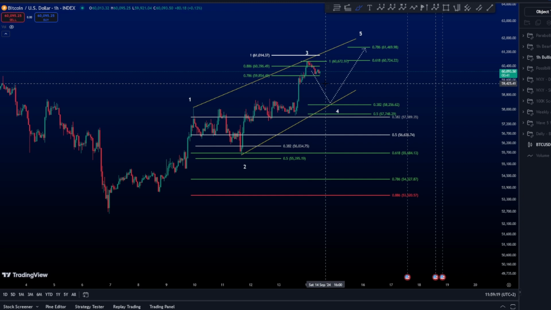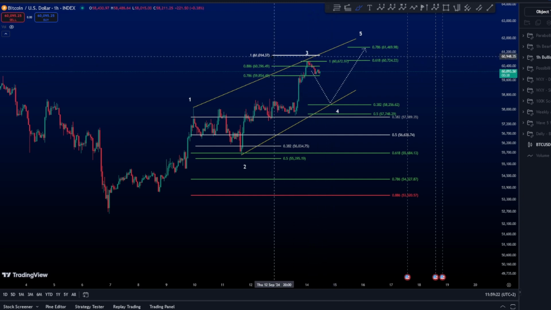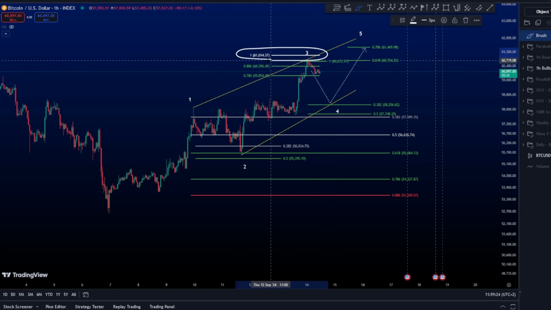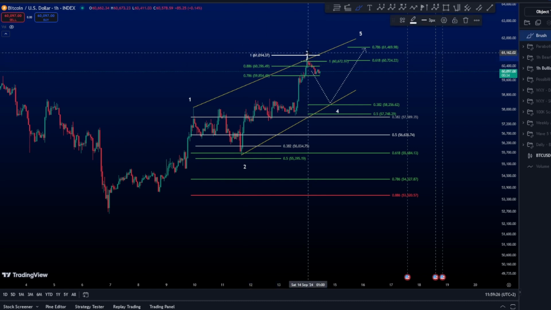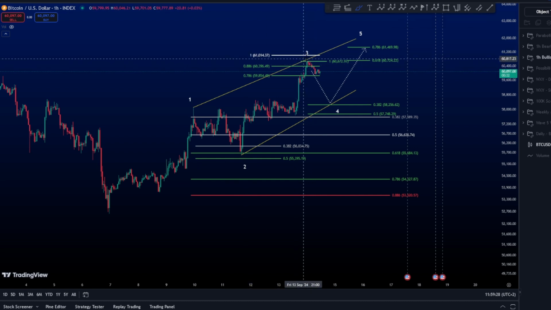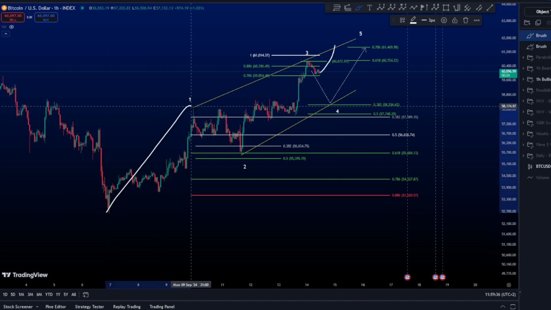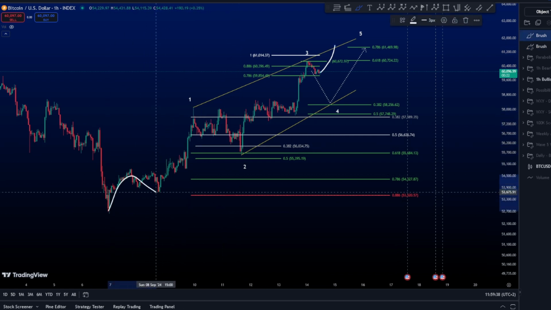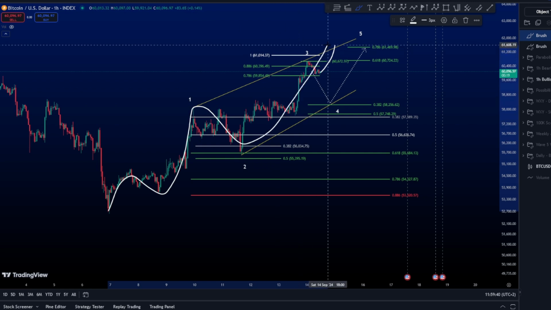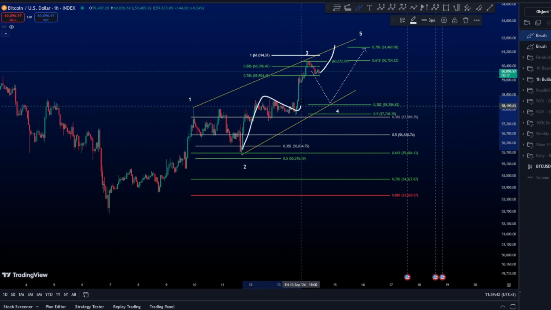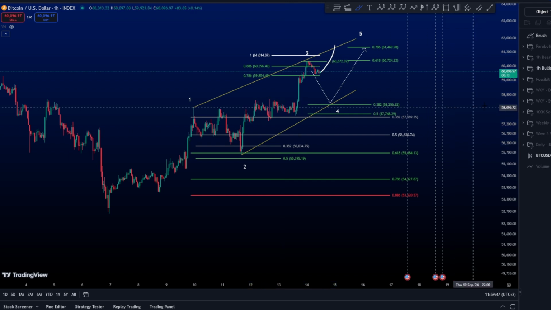If you want to stay bullish, it's the opposite here. You don't need to push higher, because if we push higher a little bit more, it's gonna invalidate the diagonal. Once this diagonal is invalidated, however, if we push higher in a wave 5, that would transform this to a 1, 2, 3, 4, and 5. Then your wave 5 would be counted as a diagonal itself. That would be perfect.